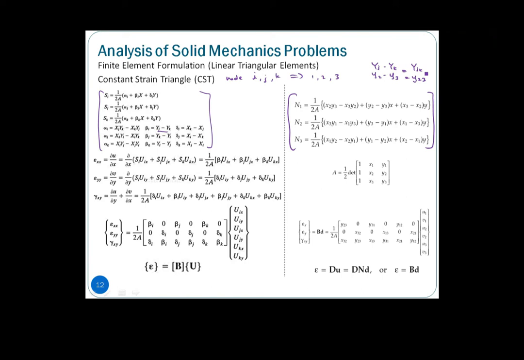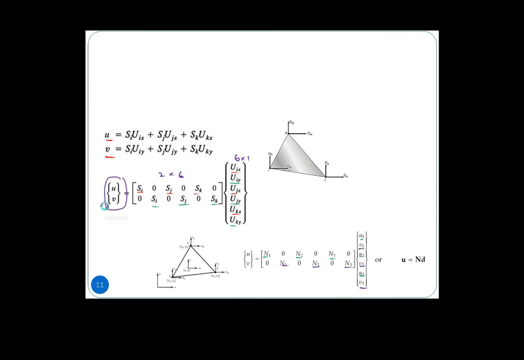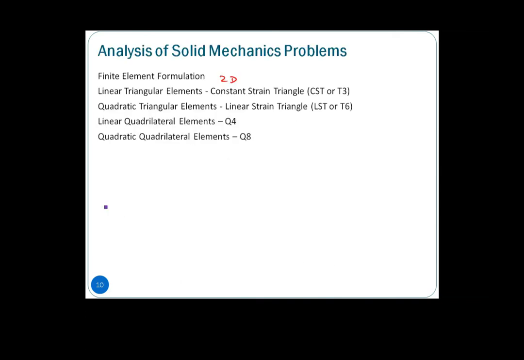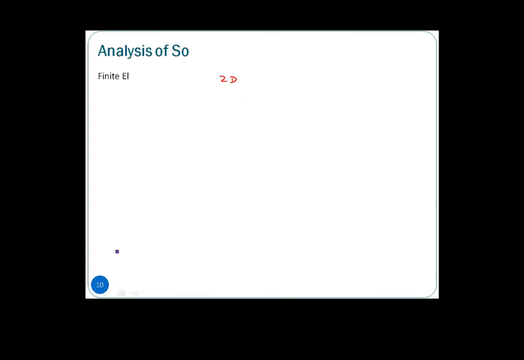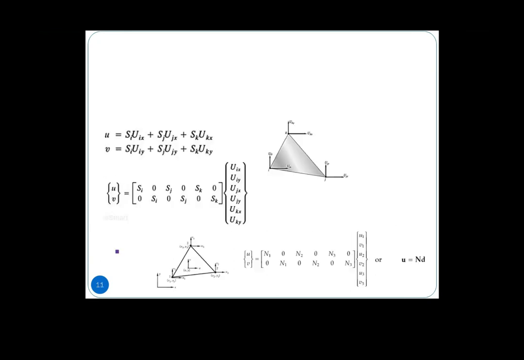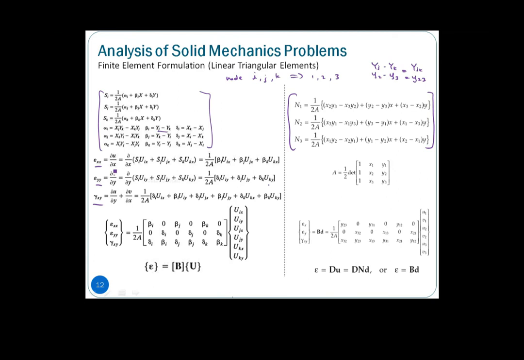So, the three shape functions are given. If we want to find epsilon, the normal strain in x, the normal strain in y, and the shear strain xy, we use the strain-displacement relationships we discussed just now. Rearranging in terms of the displacement field and shape functions: del u del x, del v del y, and del u del y plus del v del x.